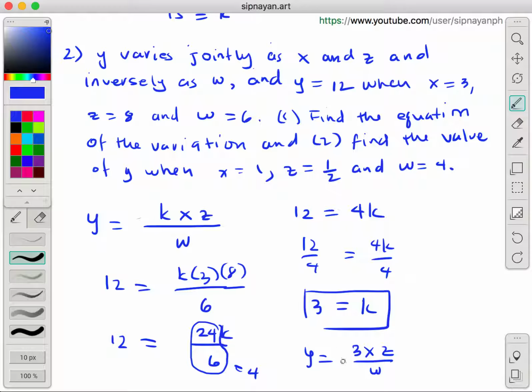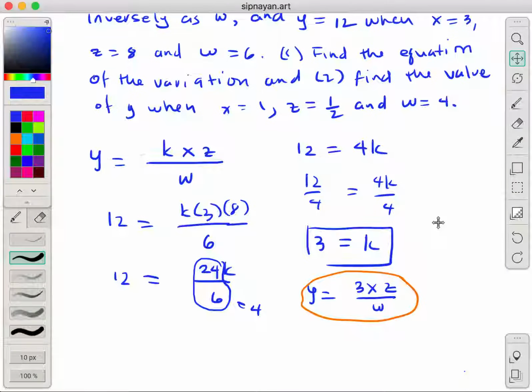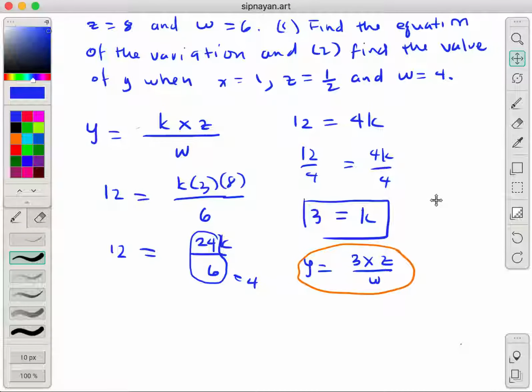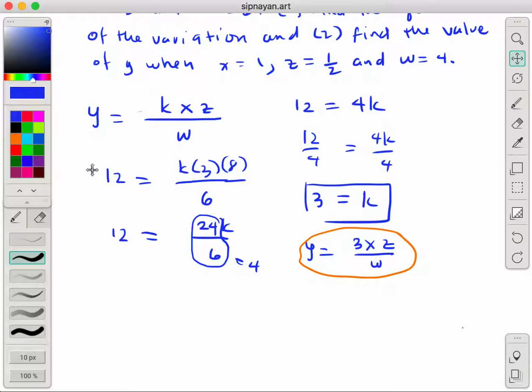Yan. Ito na yung pinaka-equation of the variation natin. So, nasagutan natin yung 1. Actually, this is the answer for 1. Now, for the second question, we have find the value of y when x equals 1. So using the last equation, find the value of y.